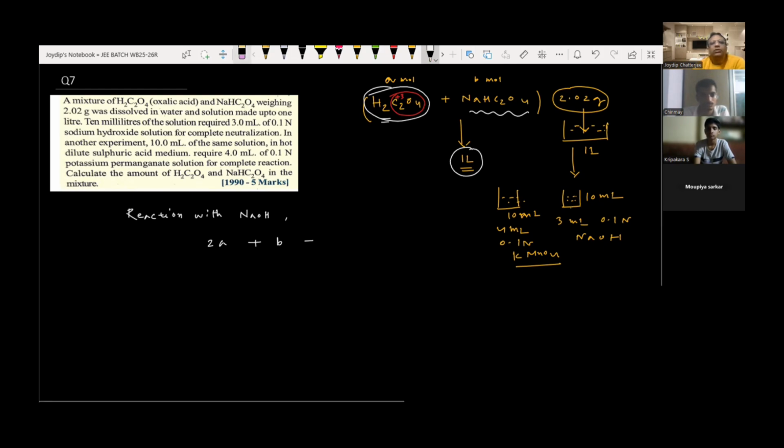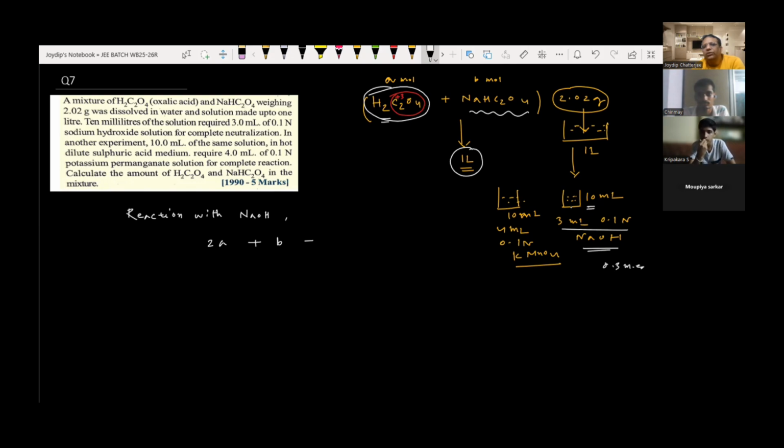So for 10 ml, what will be the total number of milliequivalents? For 10 ml, the total number of milliequivalents will be equal to the milliequivalents of NaOH, and this will be 0.3 milliequivalents.